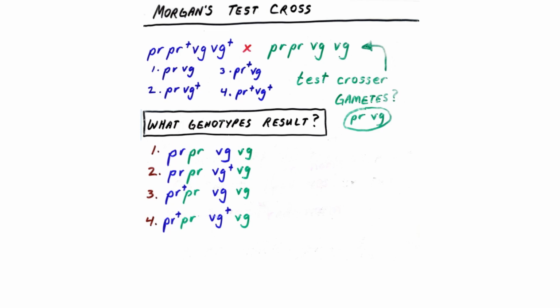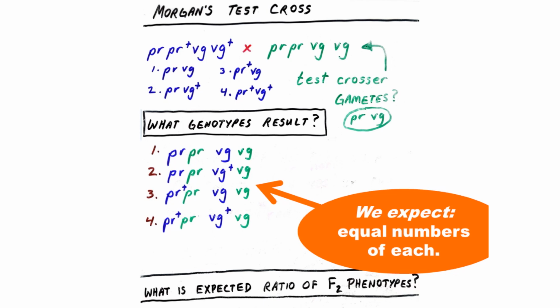I drew those in blue, and we expect equal numbers of these four types of offspring. They're always getting the same thing from the test crosser, but from that F1 individual, they're getting one of these four types of gametes that it can make. And since we started looking at Punnett squares, we always said, all right, they make all the different gametes in equal numbers. So we would expect 1 to 1 to 1 to 1. They should all look the same.